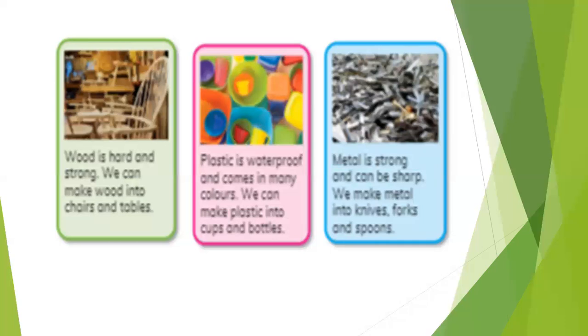Because metal is sharp, shiny, and strong, and it is good for making knives because we want knives to be sharp. Spoons and forks should be clean and shiny. So we use metal to make spoons, forks, and knives.